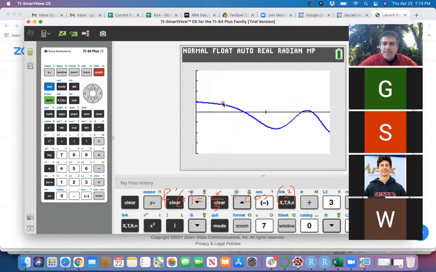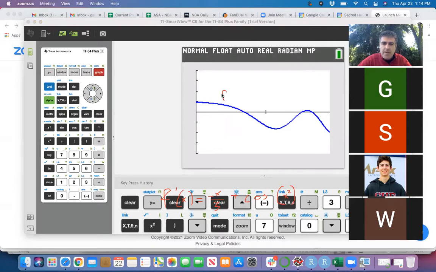So the derivative is positive and then becomes negative afterwards, right? That's a relative max right here. So here f prime is positive and here f prime is negative. So this right here is a relative max.